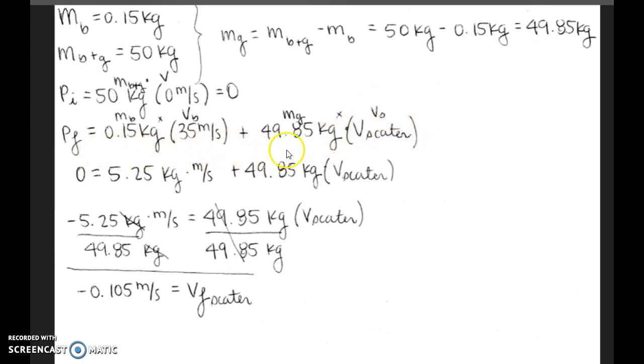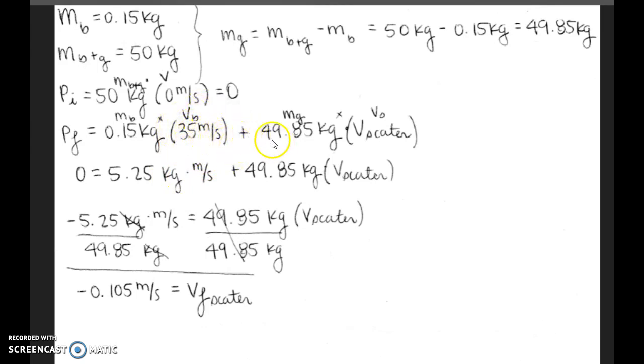If you plug everything in here, we get 0.15 kilograms as the mass of the ball times the velocity at which she threw the ball in the horizontal direction, which is 35 meters per second.